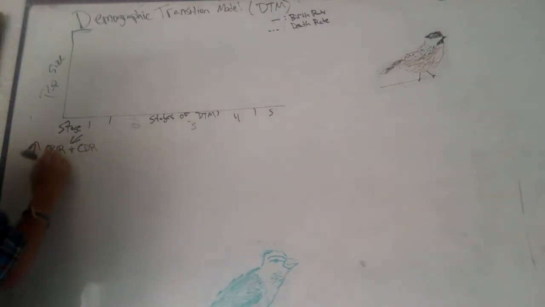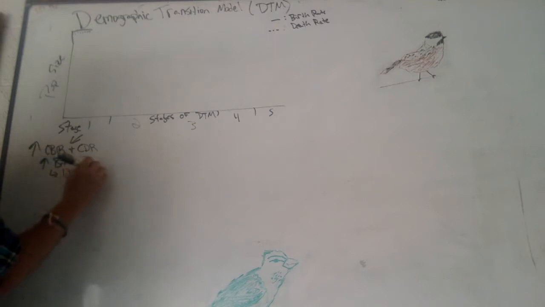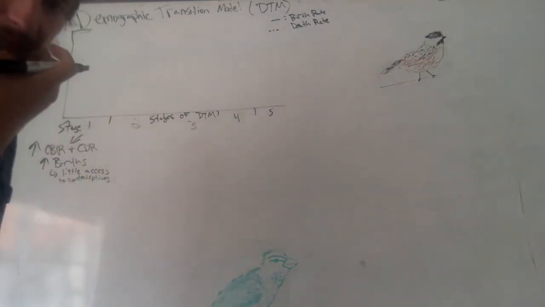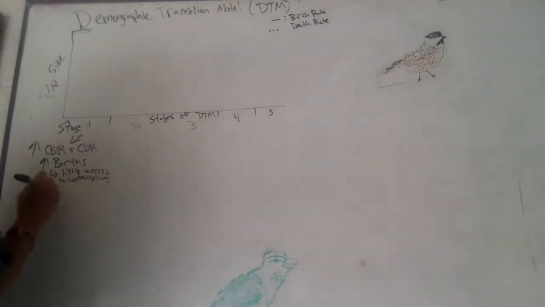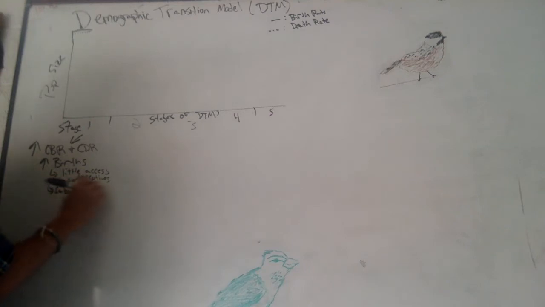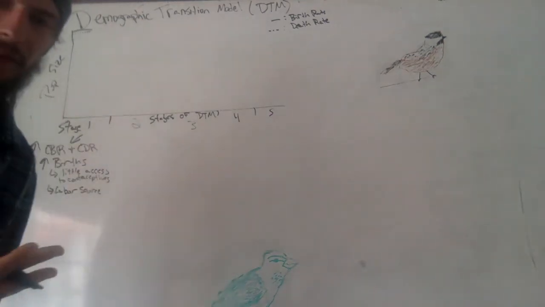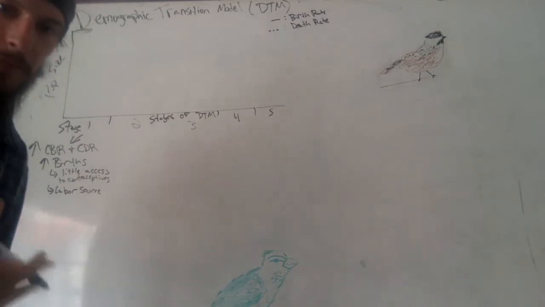Increased births due to several different factors. There's little access to family planning or contraceptives. So you don't really have a choice in whether or not you'd like to have babies. It's a good labor source. If you're trying to, say, grow crops in a field, you might need extra hands to help.